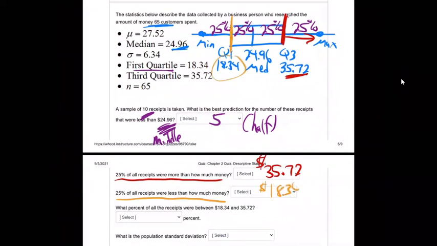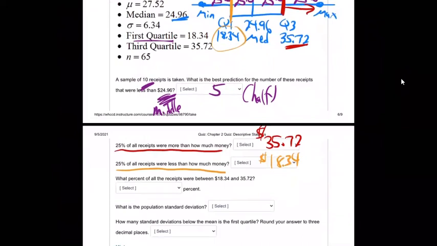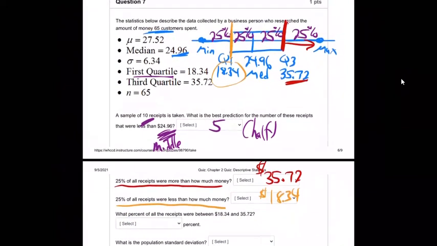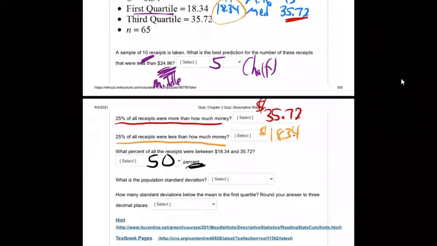That's the bottom 25%. And what percent of all receipts were between 18.34 and 35.72? 25 and 25, 50%, right? That's the middle half.